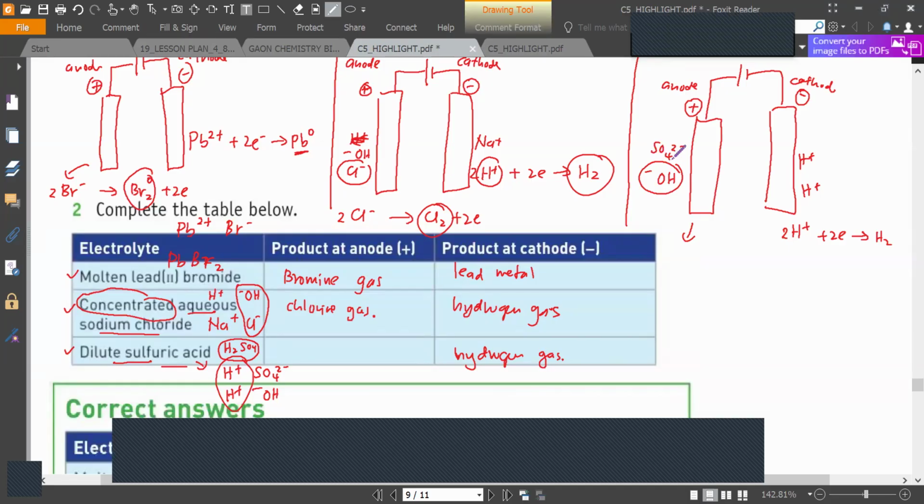Now, how do we do the equation? Half ionic equation. We start with OH, hydroxide, like this.